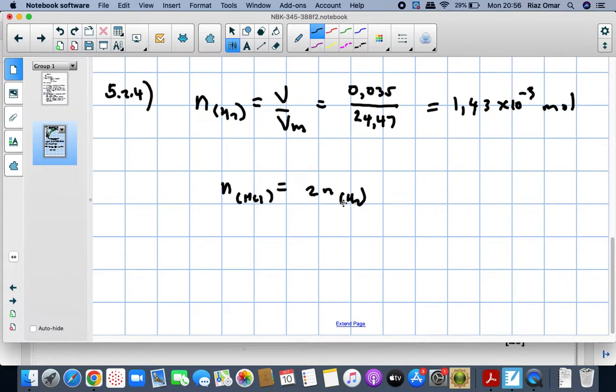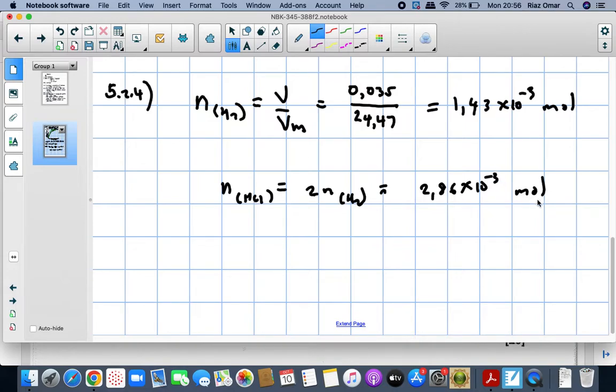Right. And then looking at that, we can use that to calculate our number of moles. That will be equals to 1,43 times 2, 2,86 times 10 to the minus 3 mole.